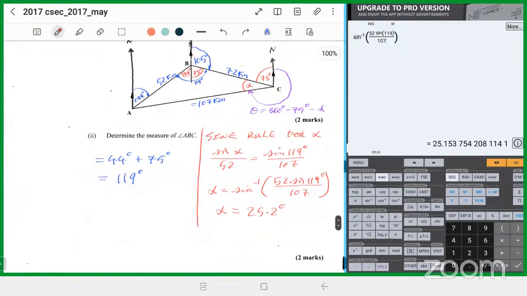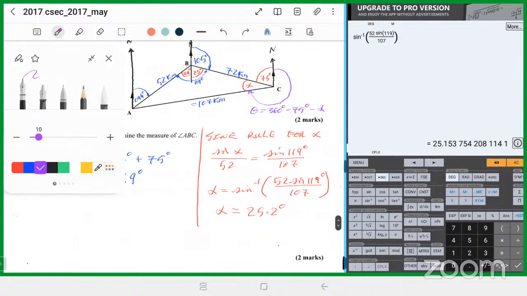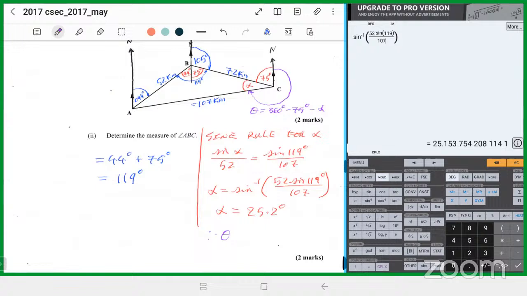So the bearing angle theta that we want becomes 360 degrees minus 75 degrees and minus the alpha, which is now 25.2 degrees. And you work out the theta.